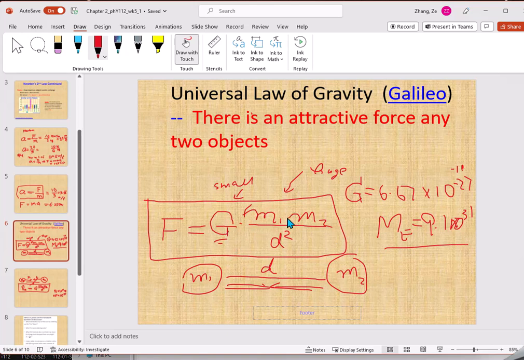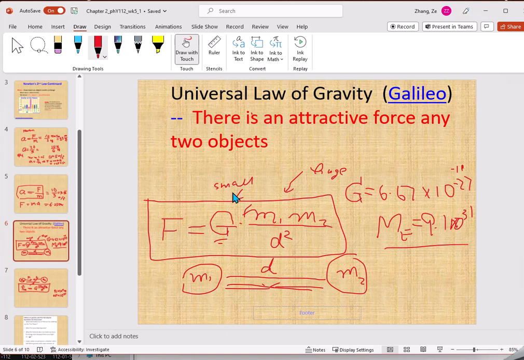Unless one of the masses is huge, you will not get anything significant that can be observed. Unless you have Earth or Sun, Earth, Moon and Sun and so on, then they will have significant force.